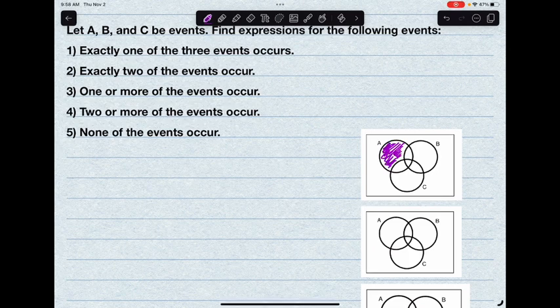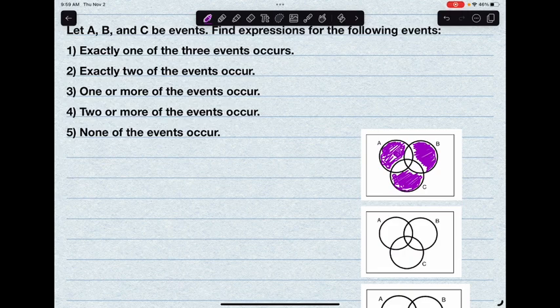Here is where exactly A happens, here is where exactly B occurs, and here is exactly where C occurs. So if you look at these three parts, it's like we find the union of all three, A union B union C, and we subtract the intersections.